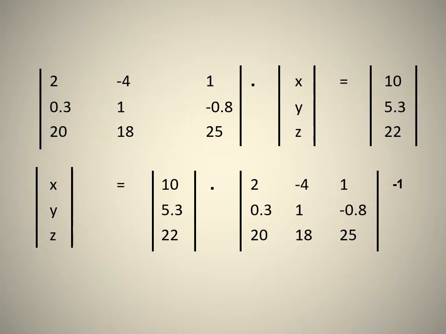It was 2x minus 4y plus 1z in our equation, 0.3x plus 1y minus 0.8z, and so forth. So basically that's the way it's rewritten. That's the multiplication part, and then the equal sign on that side. So basically what we want to know is what x, y, and z will be.